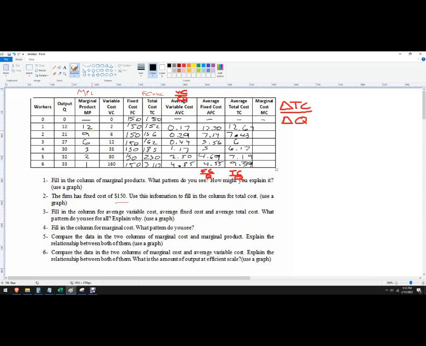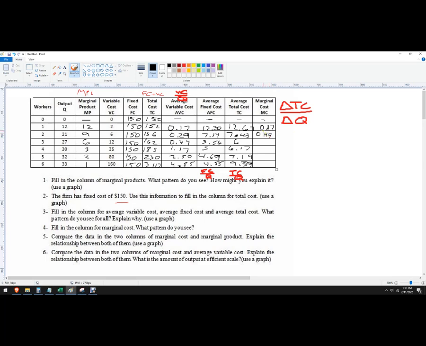Marginal cost is the change in total cost divided by the change in quantity, or divided by the marginal product, basically. So the first one would be 2. It's a change of 2. You can actually do the change in variable cost too, because variable cost is what changes total cost. So it would be 2 divided by 12, which again is 17 cents. Then 44 cents.